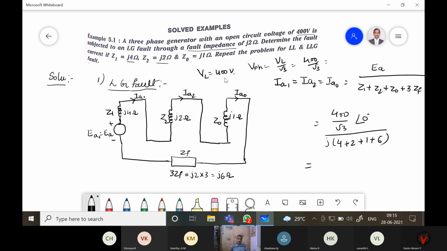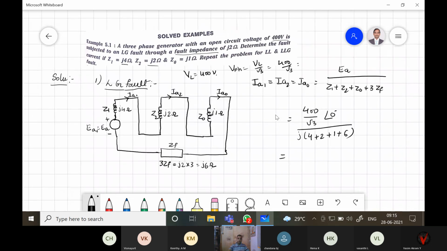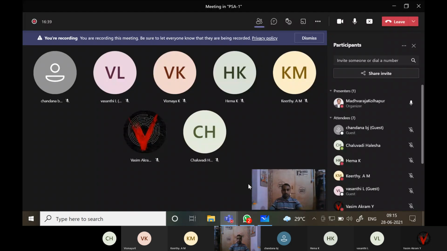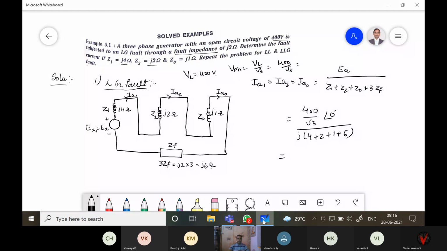What is the value? How much did you get, IA1 or IA0?